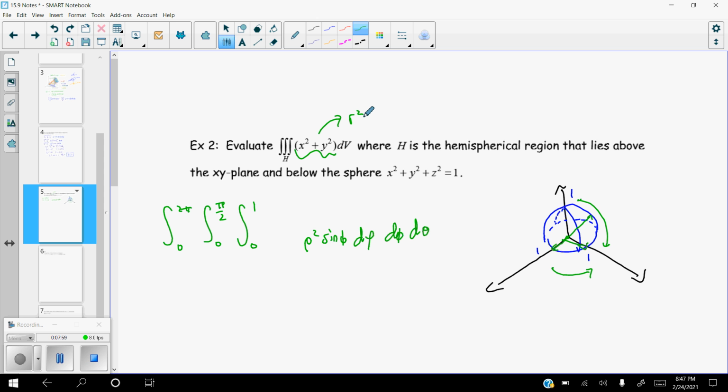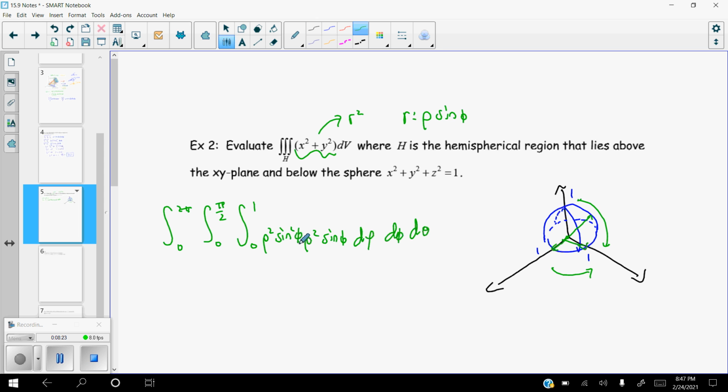Well, because I actually have a formula for r in spherical. r was rho sine phi. So if I square that, I'm going to get rho squared sine squared phi. So I have a rho squared sine squared phi. Ooh, just left myself enough room. Good thing I moved it in the beginning. So that's what we have to take the integral of.